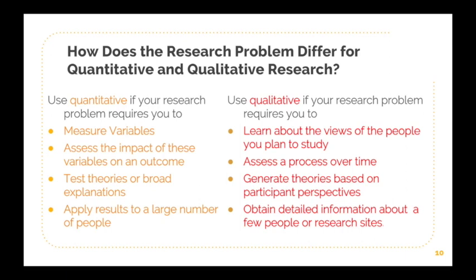Yes, you need time to collect the data. And point three is to generate theories based on the participants' perspectives. So there are many different perspectives from the students. And the last one is to obtain detailed information about a few people or a research site.